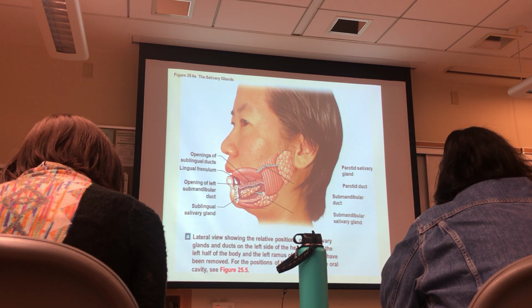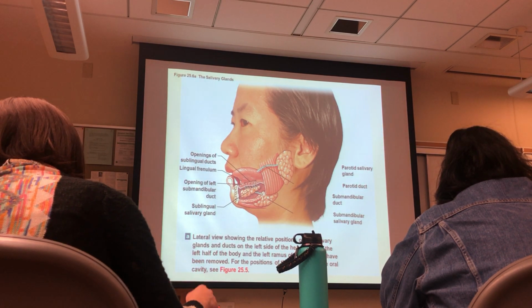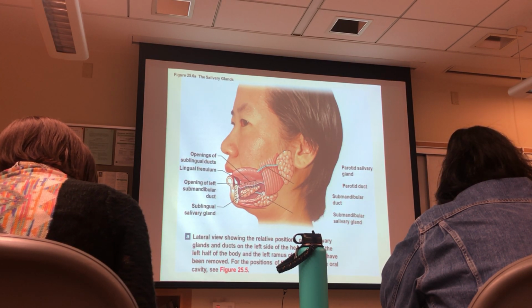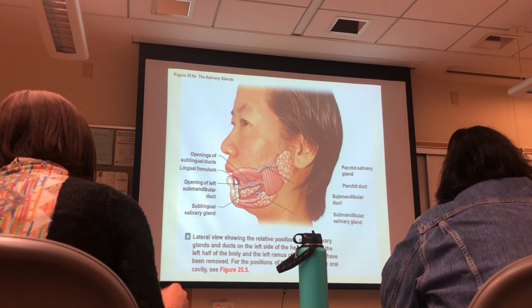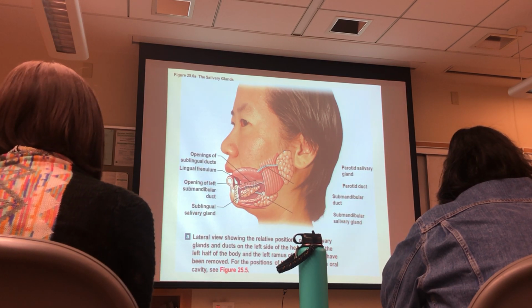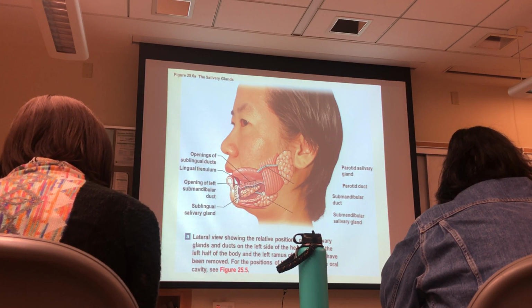Those are 2 enzymes. Have you guys heard of amylase before? Amylase comes up in biology classes a lot. Amylase is an enzyme that digests starch. And starch is a chain of glucose molecules.